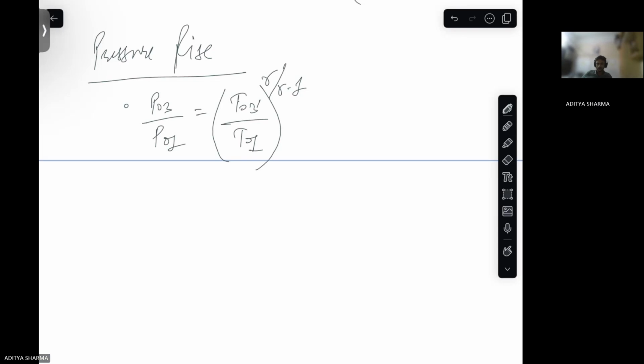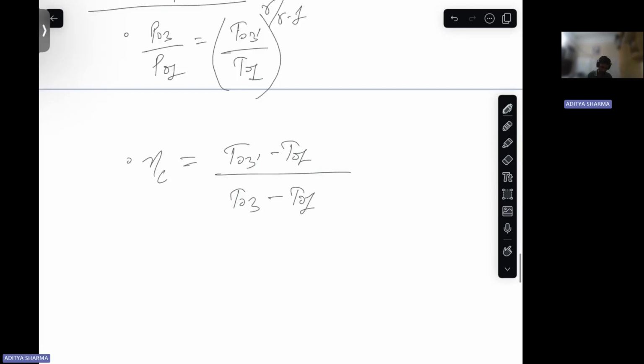This one. And then we also know that eta C, the isentropic efficiency of your compressor, is this, right?